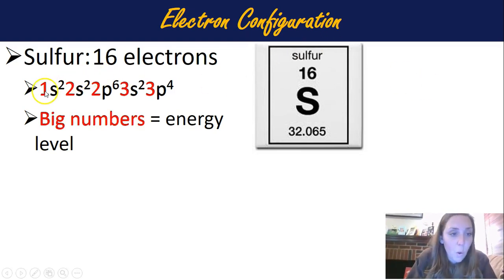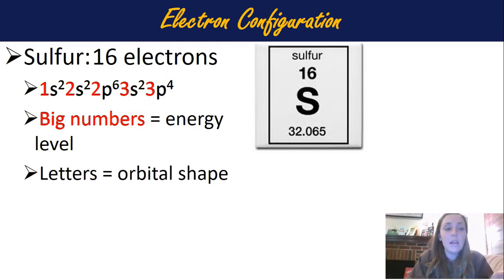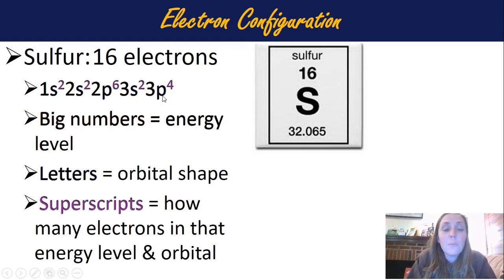This 1, this 2, this 2, this 3, and that 3, those are the energy levels, meaning how far away from the nucleus. The letters are the orbital shape. So in the first energy level, you have an S. In the second energy level, you have an S. In the second energy level, you have a P. In the third, you have an S. In the third, you have a P. The superscripts tell you how many electrons. So you've got 2, 2, 6, 2, 4.